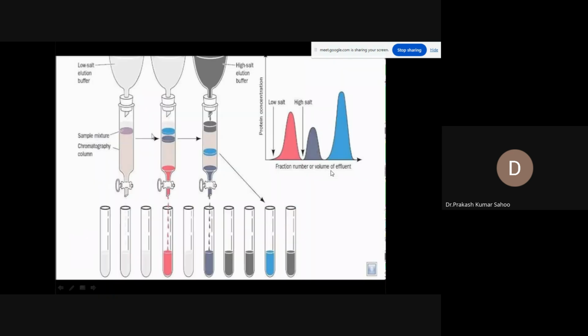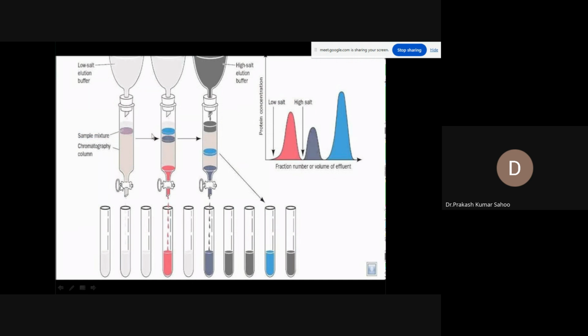Then we have this low salt elution. Just see here: sample mixture, chromatography column. This is the column we have, and through this part your sample, then your solvent, goes inside the column. This is a knob we have.